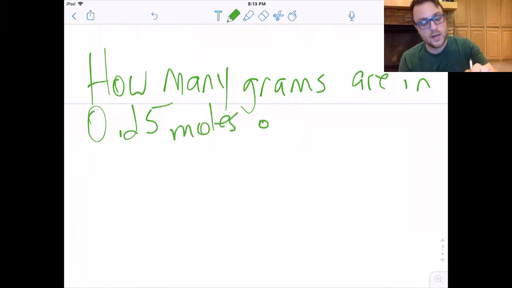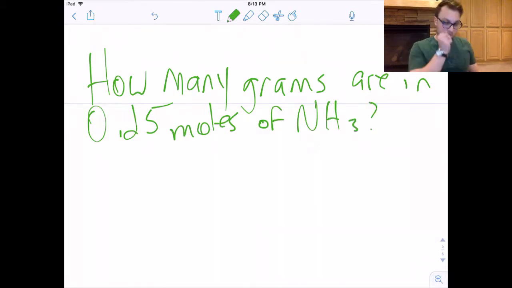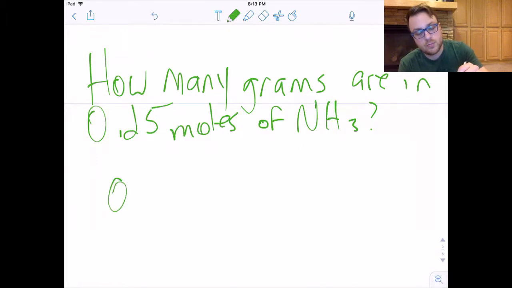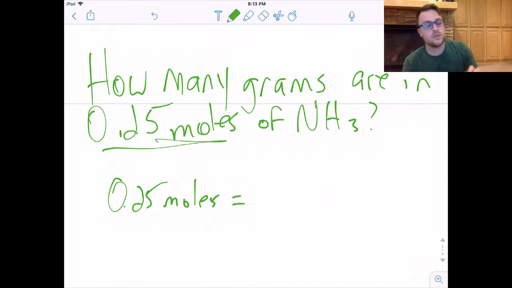Set up that equation again. 0.25 moles, because moles was given, equals, I wasn't given a mass because I'm solving for it, X, that's my given mass, over the gram formula mass of NH3, which is 14 plus 3, 17.